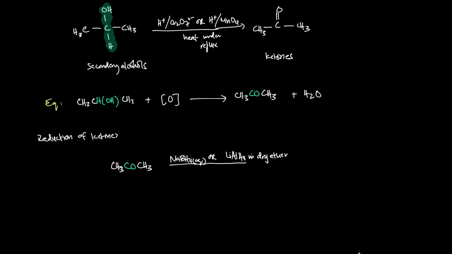Again, I'll mention this can also be referred to as tetrahydroborate because you have four hydrogens here, sodium tetrahydroborate, or sodium borohydride. And again, I'm going to heat this and I'm going to end up remaking the secondary alcohol.